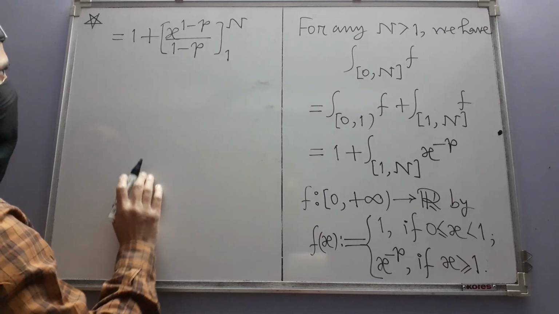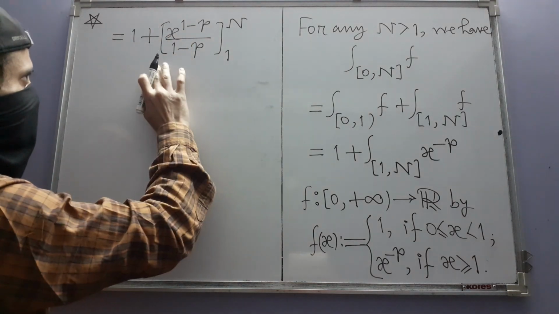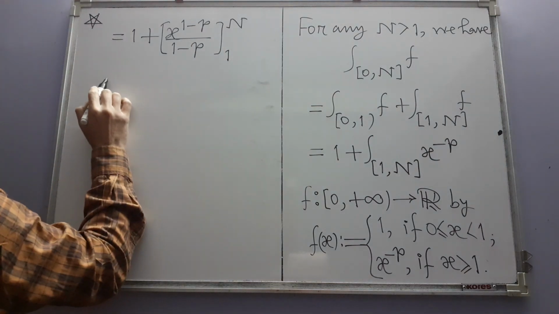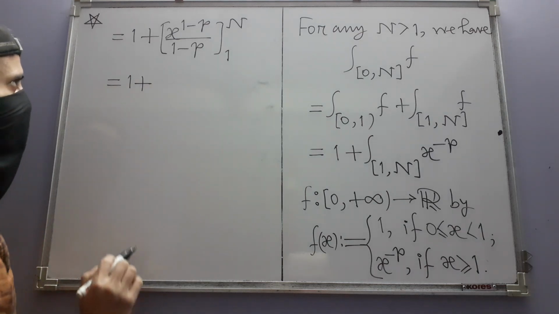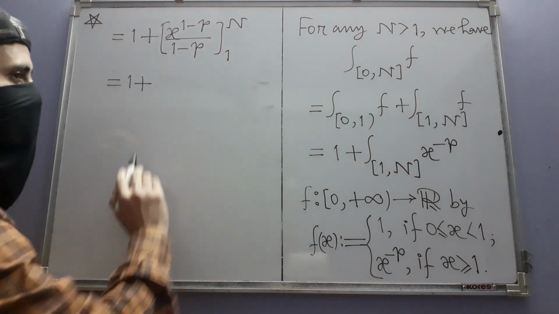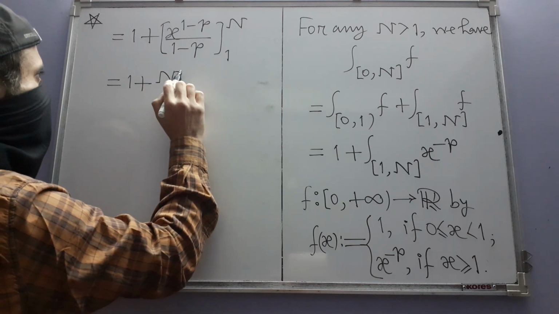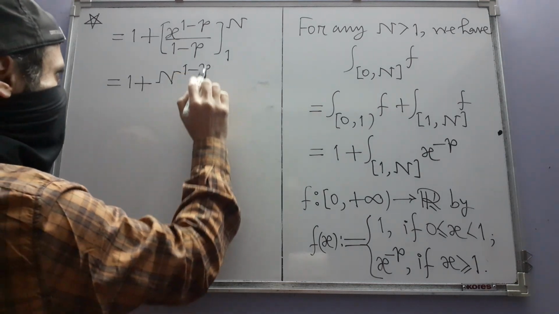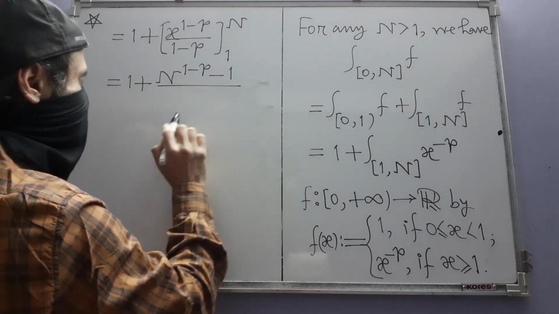Some people will not even use this square bracket on this side and write simply a bar here. Anyway, but now if you put the limits, what do you have to do? The upper limit first minus the lower limit. So, n to the power 1 minus p, because 1 minus p will be there in both of the things, minus 1 to the power 1 minus p, which is 1.